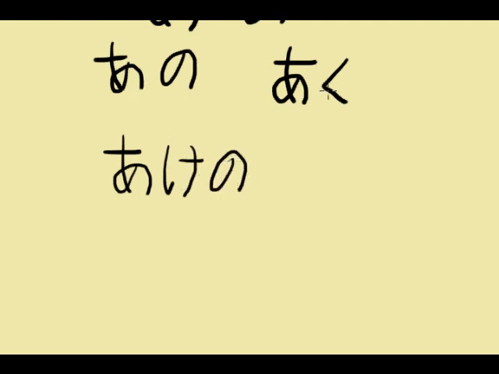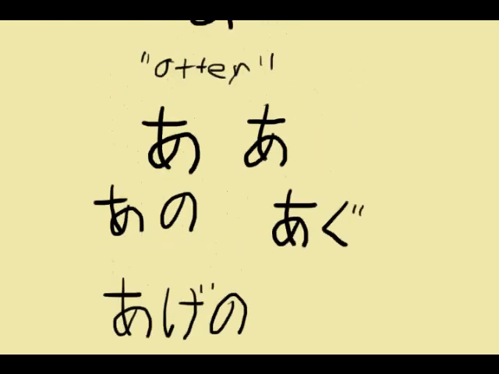So ano, aku, akeno. Ano, aku, akeno. And just get further practice in here. It will be agu, ageno. Again, when I've had these glottals, they may not be real words, but before that, all the other words I give are actual Japanese words. So akeno, ageno.